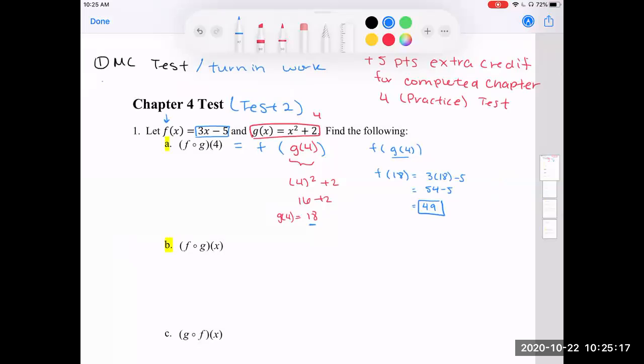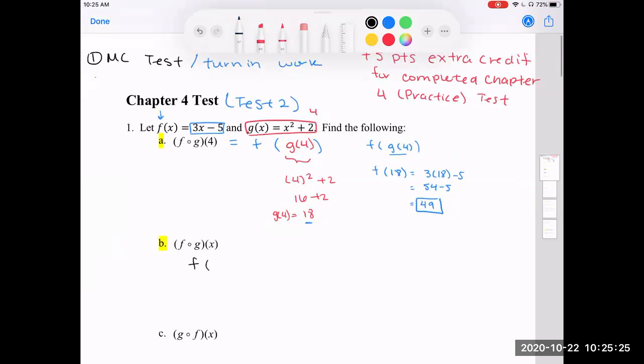All right, let's continue with 1B. So this one, notice there's not a number, but it's the same idea. We have a function, and in that function, I'm going to plug in another function.